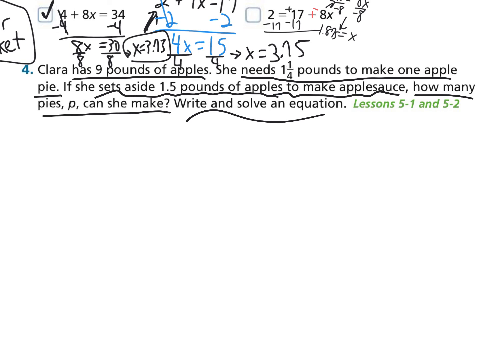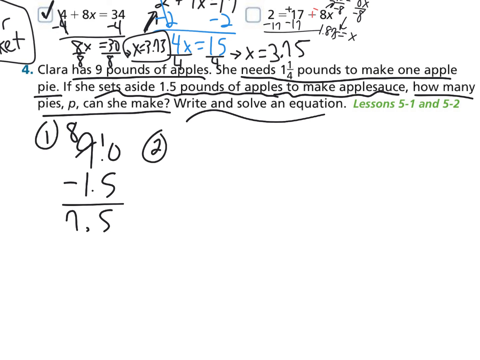One way you might think about would be just to try and work it out and then come up with an equation. So if you have 9 pounds of apples, if you set aside 1.5 pounds, we could see how much we have left, which would be 7.5 pounds.